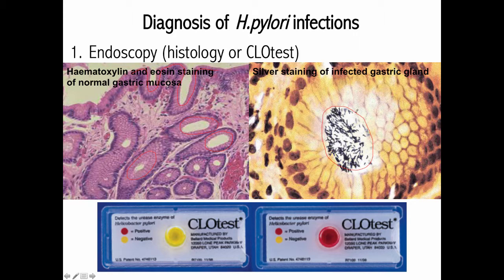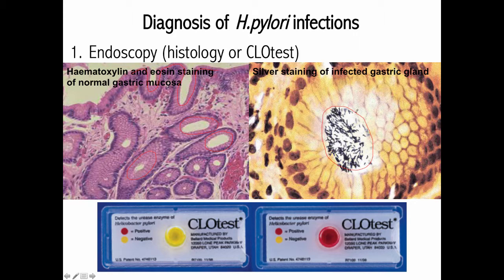And alternatively, the sample can be used for the Clow test, which was developed by Brian Marshall, who we met in the first part. And the Clow test is based on the pH change that is produced by the conversion of urea to bicarbonate and ammonia by the urease enzyme.